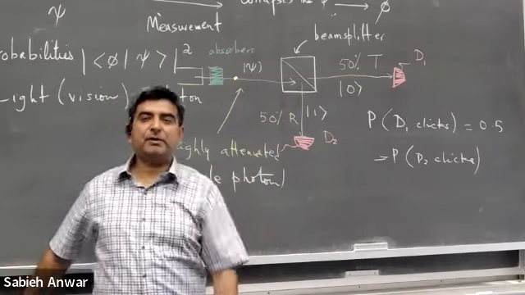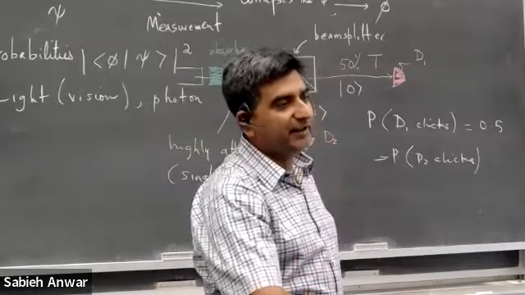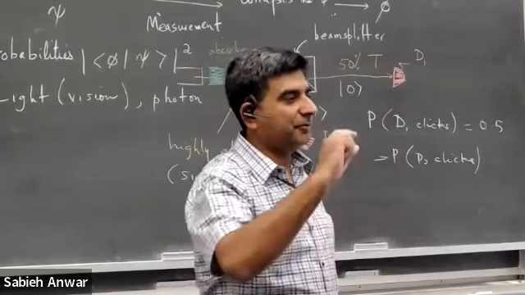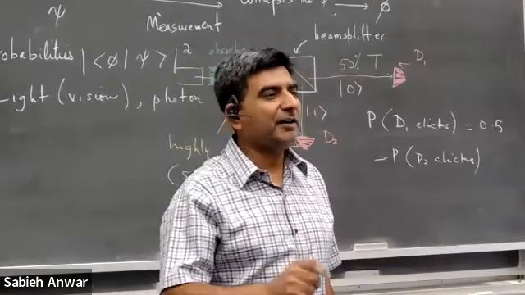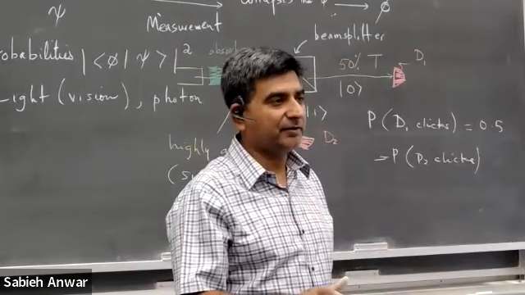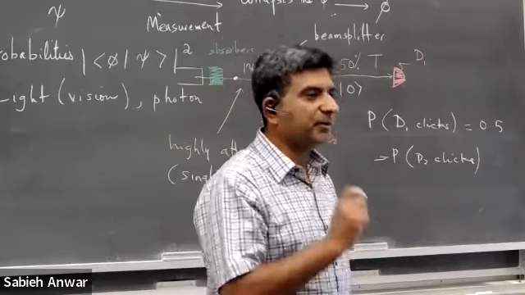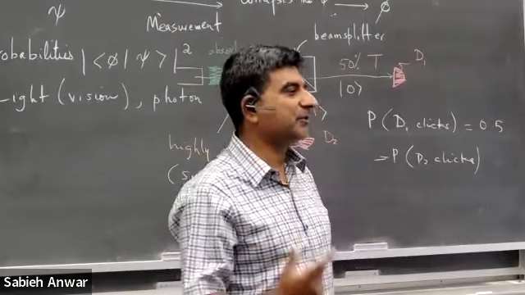So in order to build the statistics, I'll have to repeat the experiment on multiple copies of single photons. Just like if I give you a coin and you're not allowed to see both sides of the coin, but you're allowed to throw it and see whether you get a head or a tail. You can't tell in one go whether the coin is balanced or fair. You'll have to do the experiment multiple times with multiple identical copies of the coin to find out what the probabilities are.